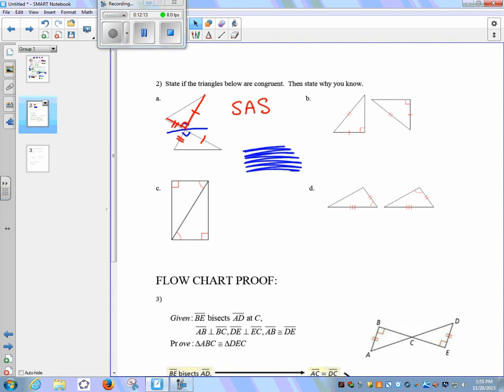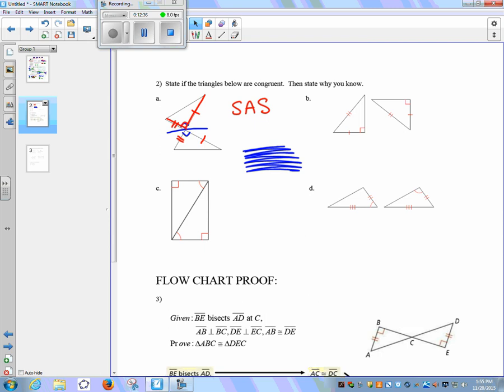It's not always HL. Sometimes the angle in SAS is a right angle. Sometimes an angle in AAS is a right angle. But the only time we can use HL is if we have right triangles and a hypotenuse to a hypotenuse and a leg to leg.